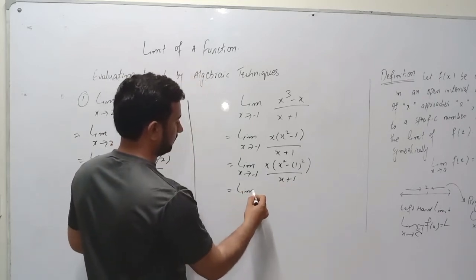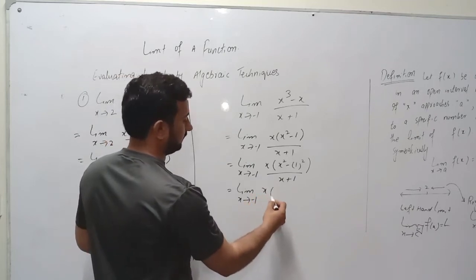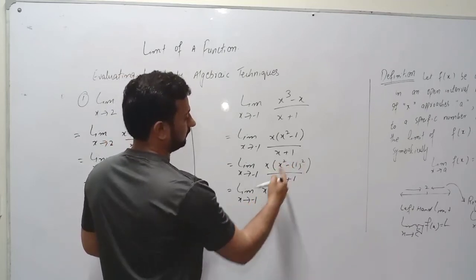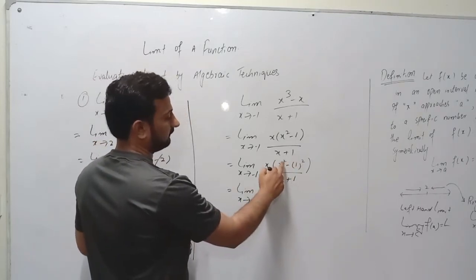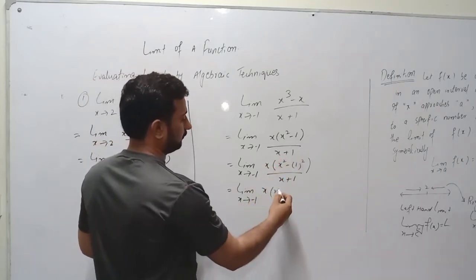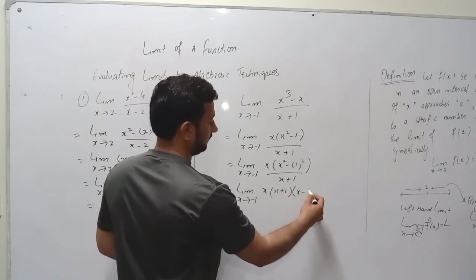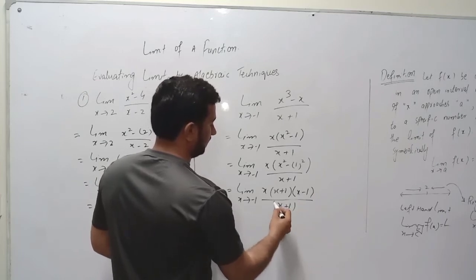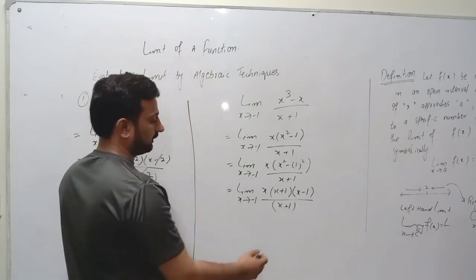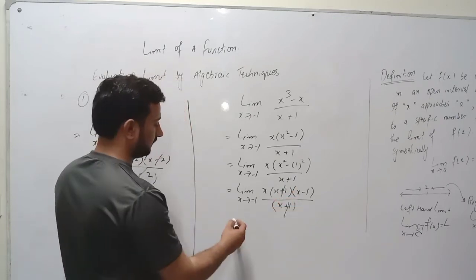So limit as x approaches negative 1 of x times... we will do the same step, as there is a negative sign between the two squares. We first write the factors with a plus sign, and then with a negative sign, x plus 1 and x minus 1. The x plus 1 is in the denominator as well, so x plus 1 will get cancelled out by this x plus 1.